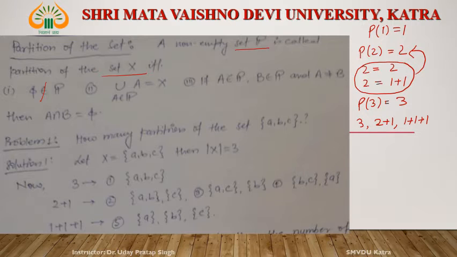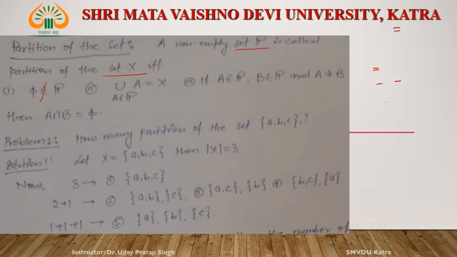Then what are the partitions of the set ABC? Number 1 is the 3 element set ABC.